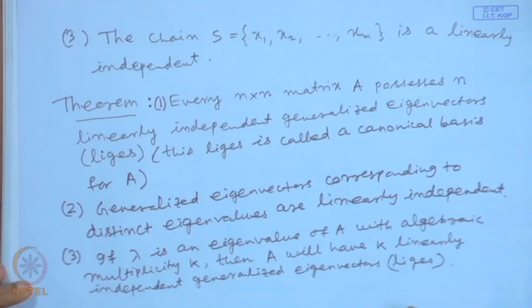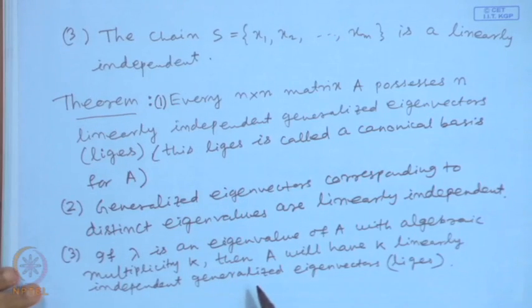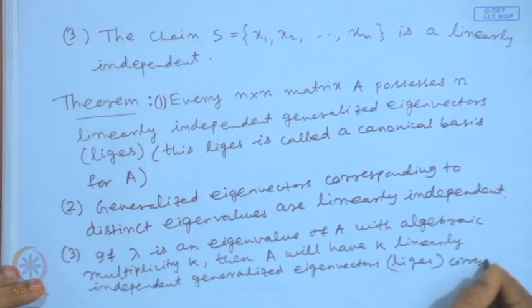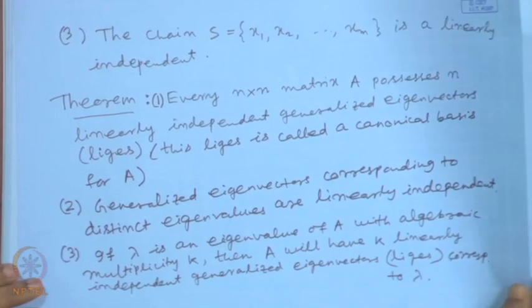So, corresponding to every eigenvalue, if the algebraic multiplicity of lambda is k, then we get k linearly independent generalized eigenvectors corresponding to lambda. So, this is very useful.